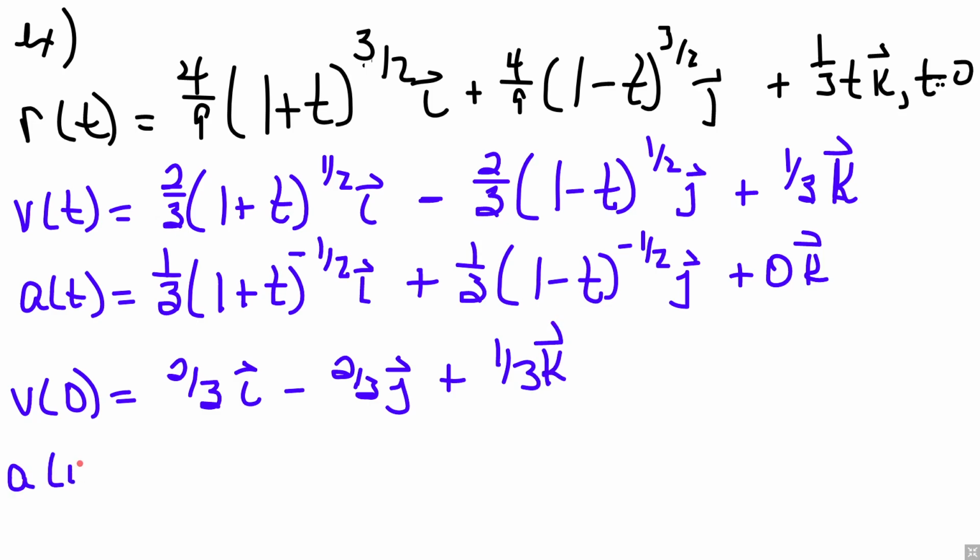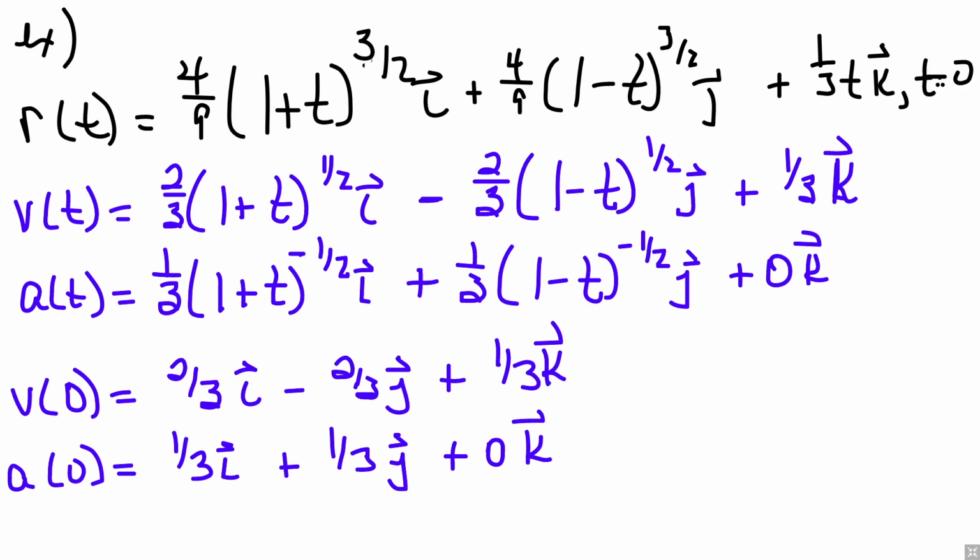And then the acceleration vector at t equals 0 is going to give us 1/3 in the i direction plus 1/3 in the j direction plus 0 in the k direction. Any questions there?